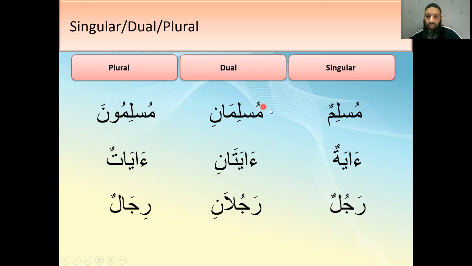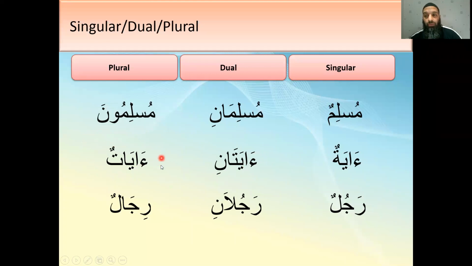Now let's look at this word here. Ayatun is singular. It means verse or sign. Ayatani makes it into two verses. And ayatun means many verses, three or more. Again, ayatun, one verse. Ayatani, two verses.